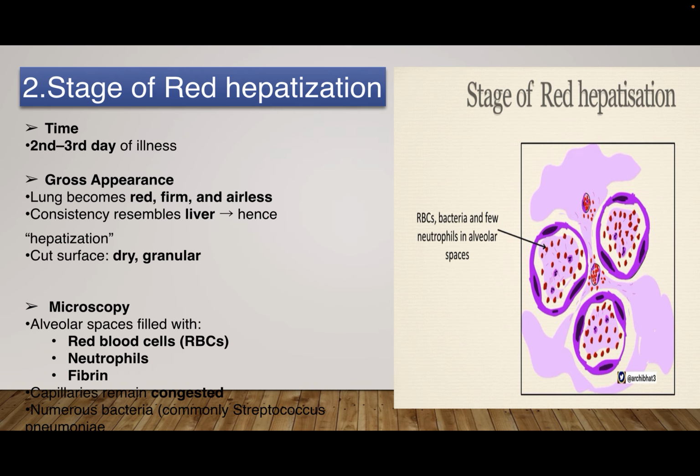And then the second one, the stage of red hepatization. The time duration: the stage of red hepatization occurs after the second to third day of the illness. Now the gross appearance. Here the lung becomes red in color, firm, and airless.